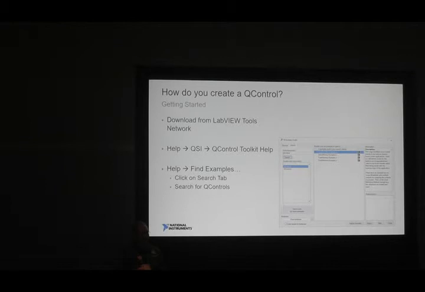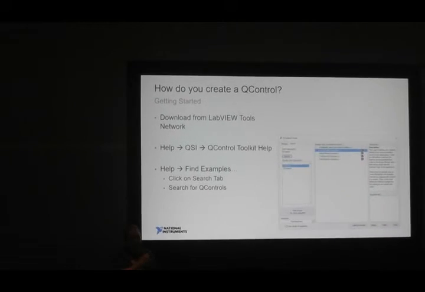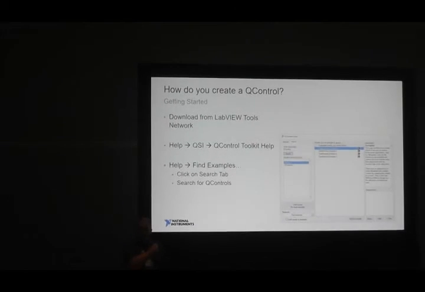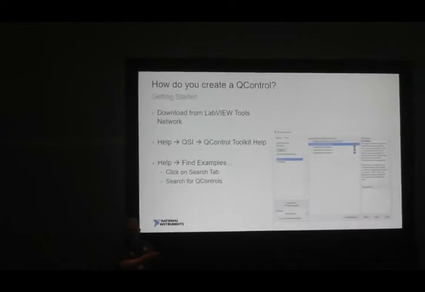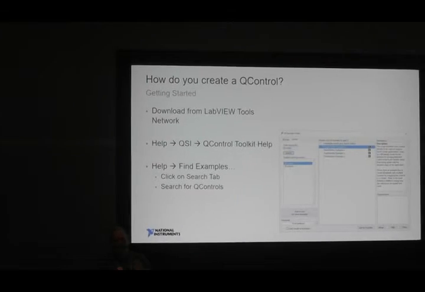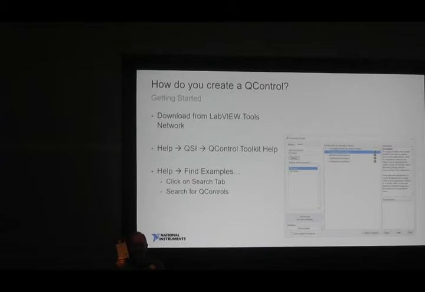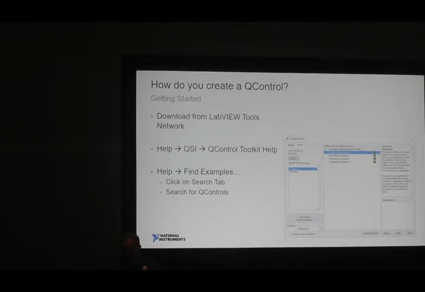The best way to find it, because their search doesn't work for my page on the tools network, is a community page that I have a link from there to it, where you go to my website. But I also have these handout cards, so you can come get these afterwards. They will tell you where to find it and how to get to it and where to get more support.